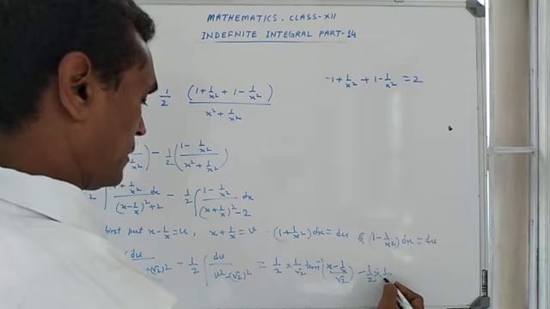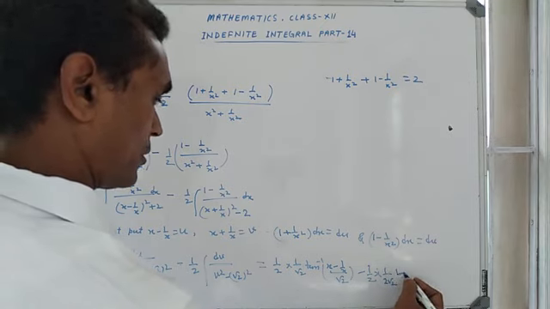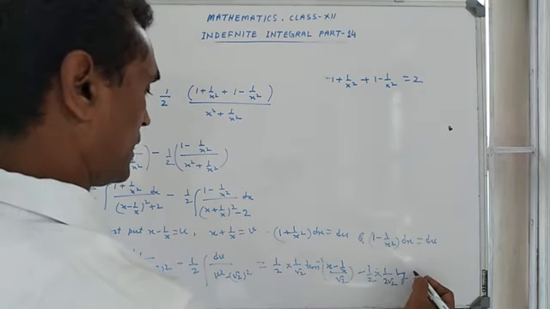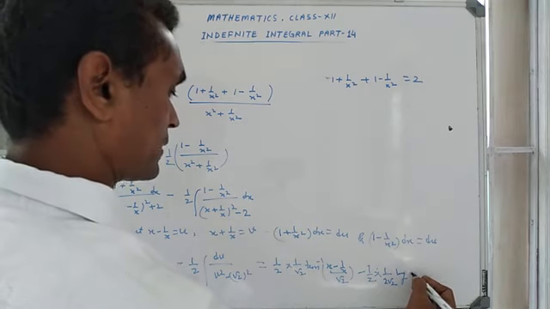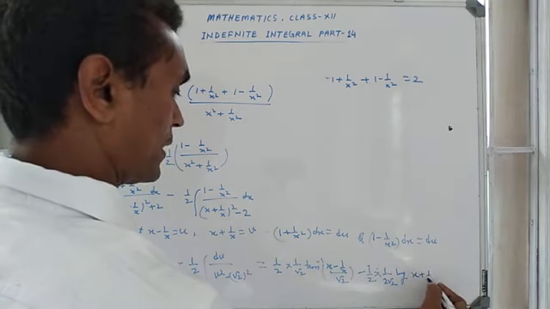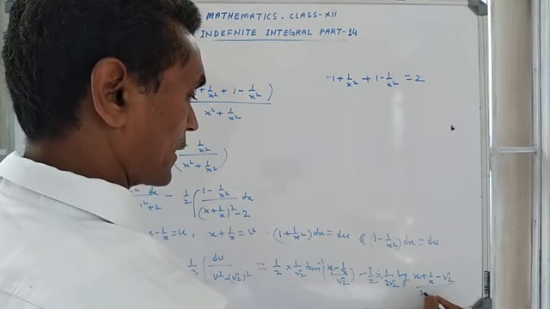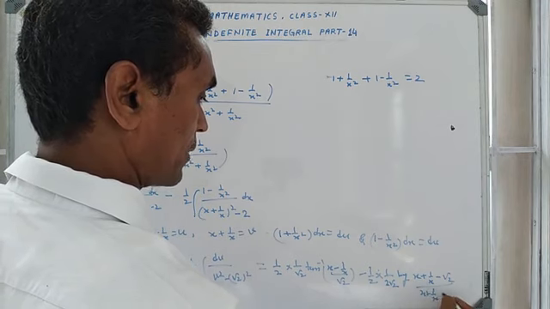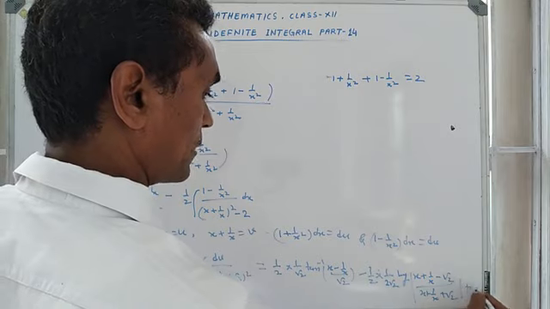So 1 by 2a, that is 2 root 2, and log of modulus v minus root 2 over v plus root 2. v is here x plus 1 by x. So x plus 1 by x minus root 2 divided by x plus 1 by x plus root 2, modulus sign, plus c.